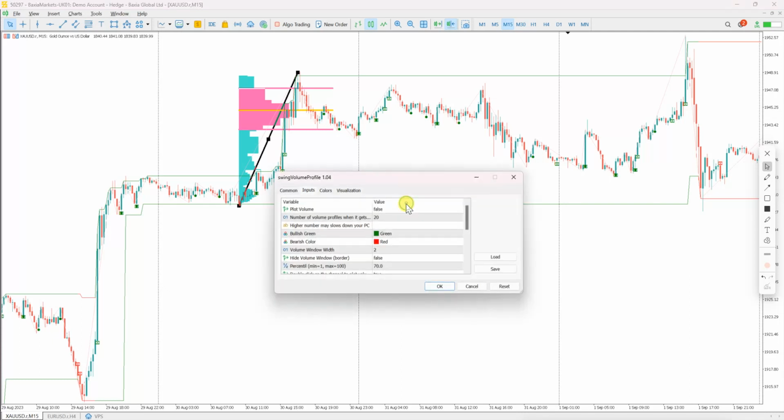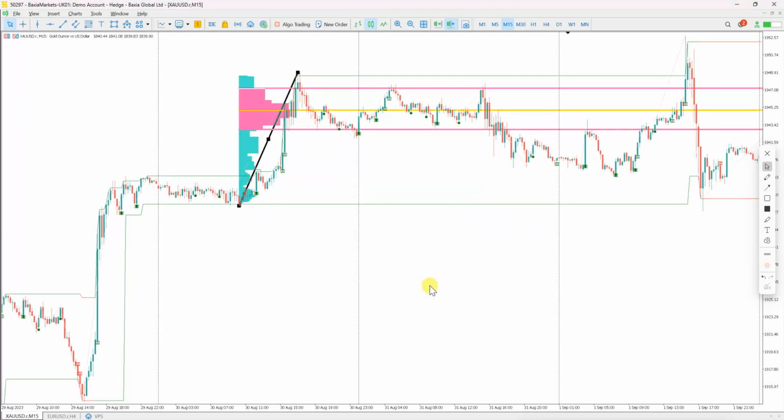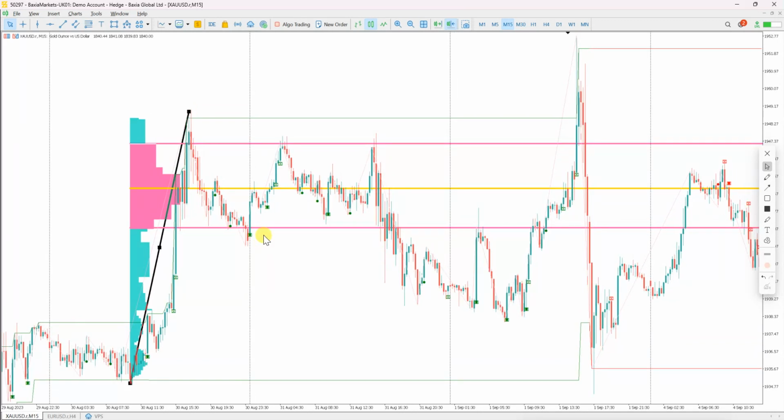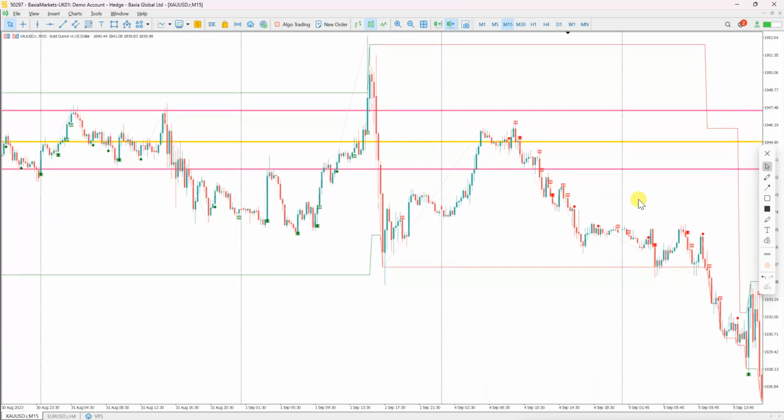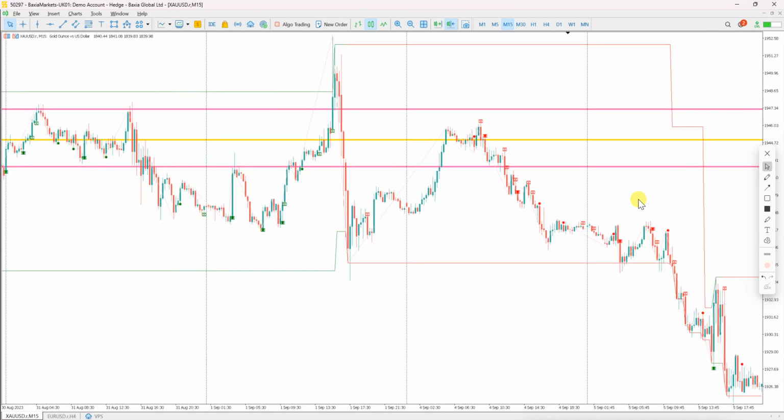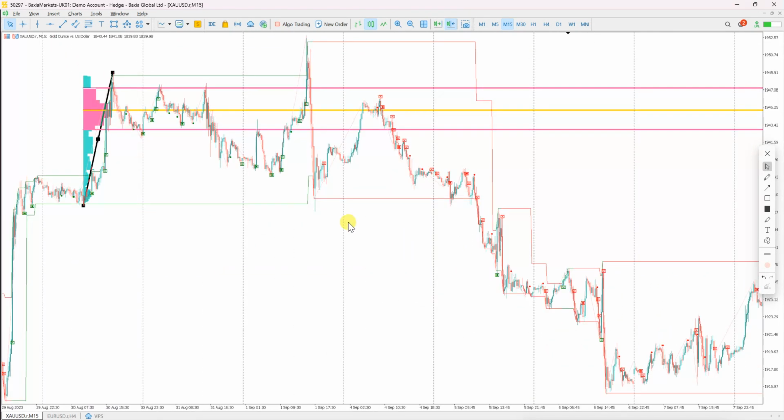Wait a minute. It will shoot to the future. Okay, here we find a balance. We have a balance over here. The market is balanced.